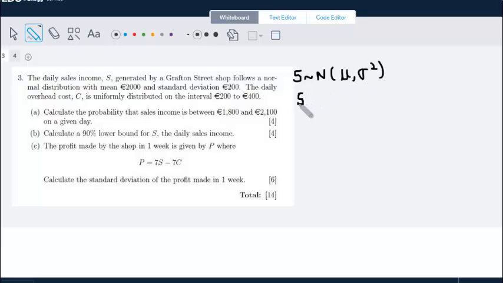So you can write this as S following a normal distribution with a mean of 2000 and standard deviation of, sometimes only sigma is written, so you can write just sigma square. Here this is a sigma. So mu is 2000, the mean is 2000, and the standard deviation is given as 200 in this normal distribution.